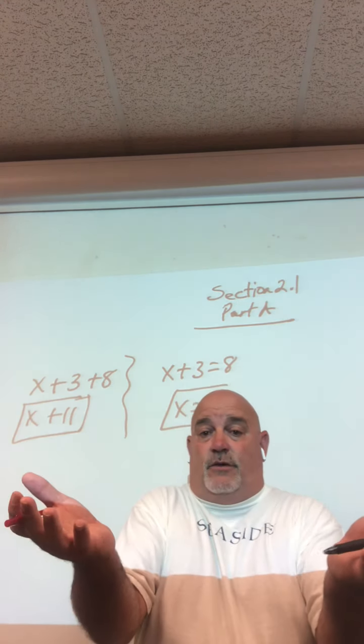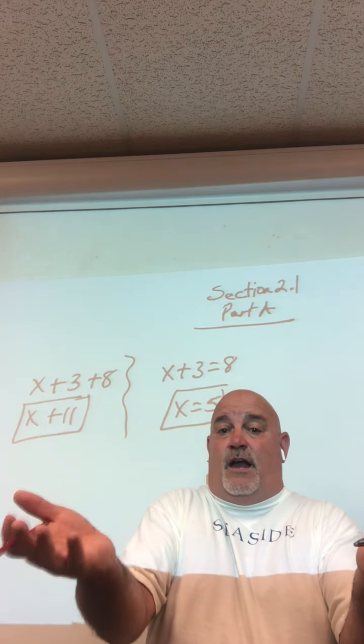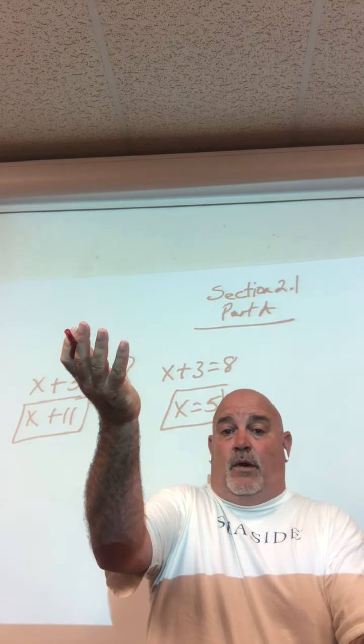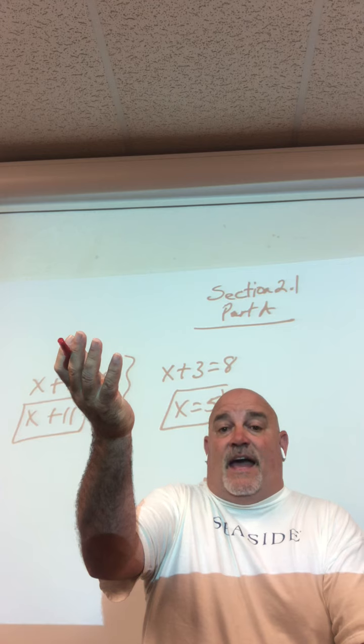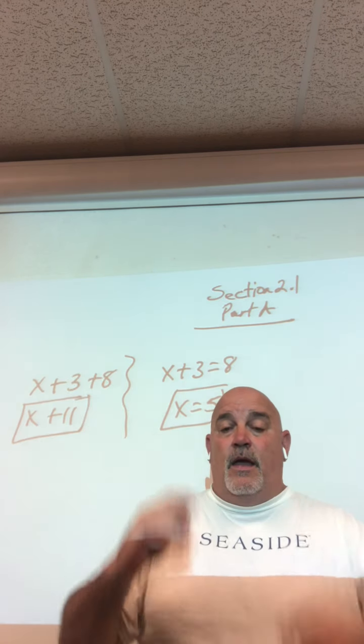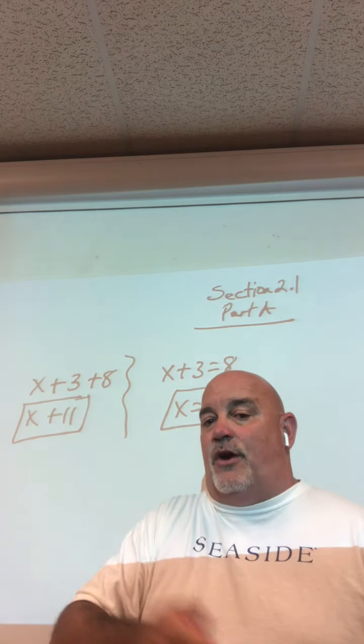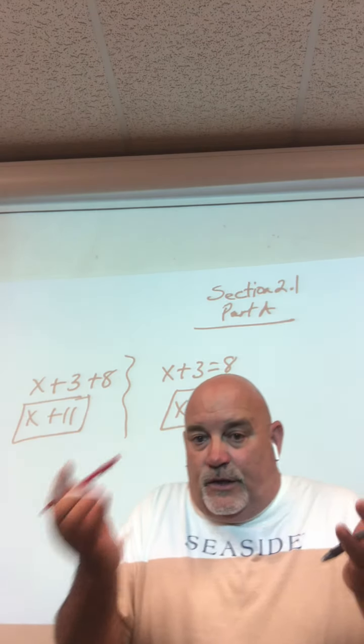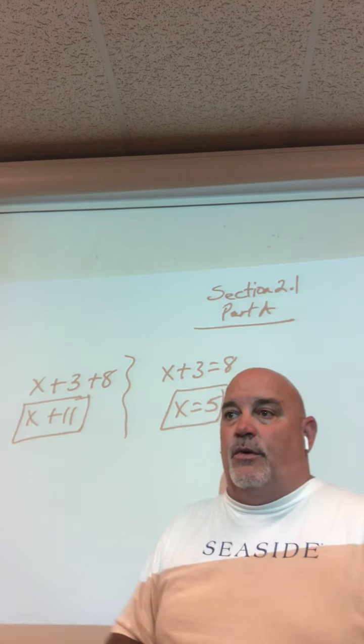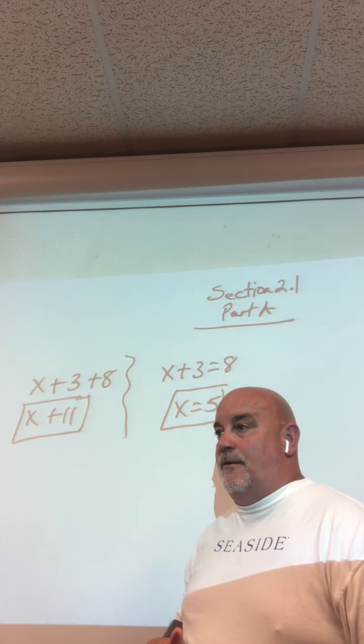For instance, if I have two things that are equal and I add 7 over here, they're not equal anymore. But they are if I add 7 over here. So the idea is that we add and subtract things, but we do it to both sides in order to arrive at what we want.